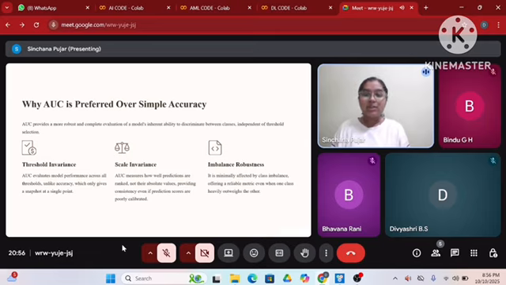Scale invariance: AUC measures how well predictions are ranked, not their absolute values, providing consistency even if prediction scores are poorly calibrated. Imbalance robustness: it is minimally affected by class imbalance, offering a reliable metric even when one class heavily outweighs the other.